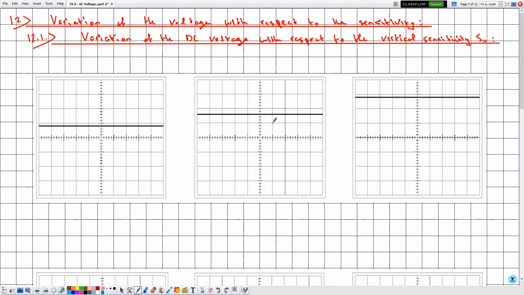And now let me say the following: as the vertical sensitivity decreases, the luminous line is shifted upward.